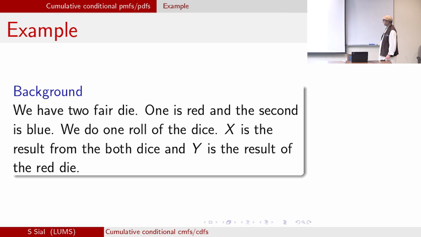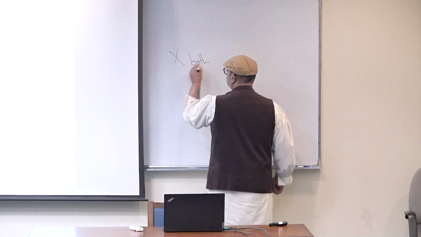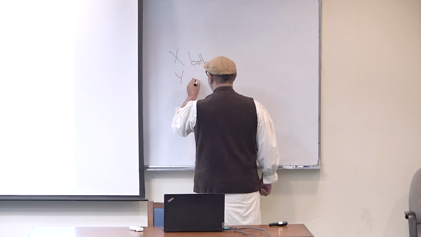So let's think about this one. You have two fair dice. One is red. The second one is blue. We do one roll of both dice. X is the result from both dice. Y is the result only of the red die. So X is both, Y is red.